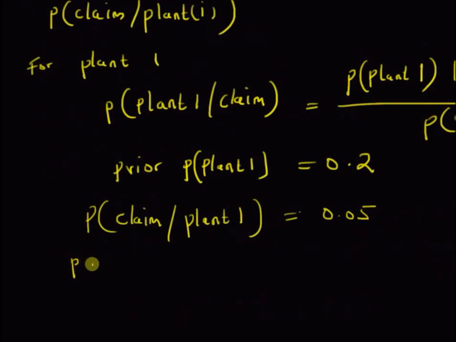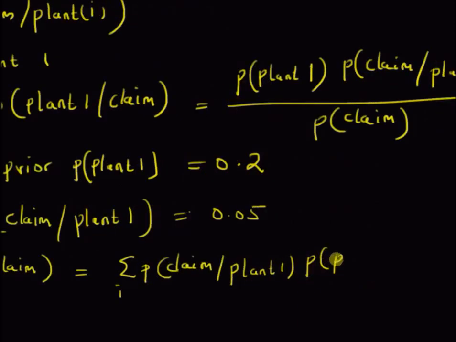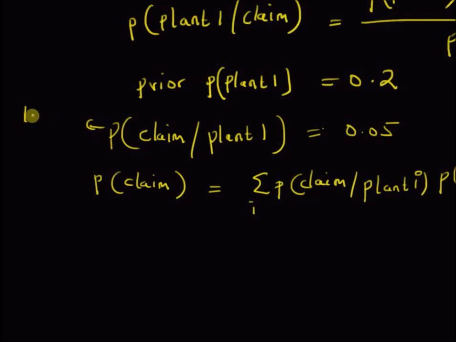Now we need to know the denominator, which is the probability of making a claim, which is basically the sum of products of the probabilities of claim given plant information, that is the likelihoods, multiplied by the priors. This is plant i. So when you add all these products, you should get the evidence, that is the probability of making a claim. So this is the likelihood and this is the evidence.